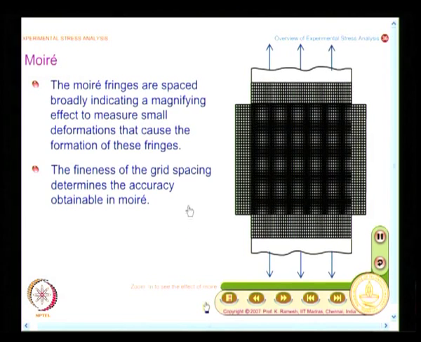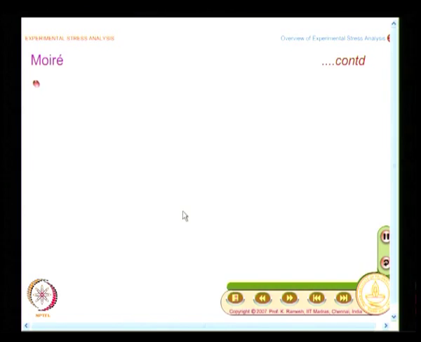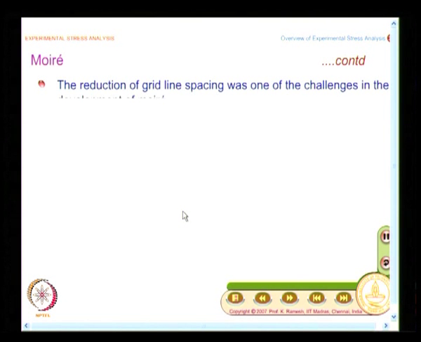And I also caution experimentalists, when they develop the technique, they develop it and see what maximum information you can get out of it, but from a user point of view and data interpretation point of view, it is always better that you have one piece of information at a time, okay, because you get much better information when you want to do that. So, the fineness of the grid spacing determines the accuracy obtainable in Moiré, and that is what is shown here. And let us look at some numbers.